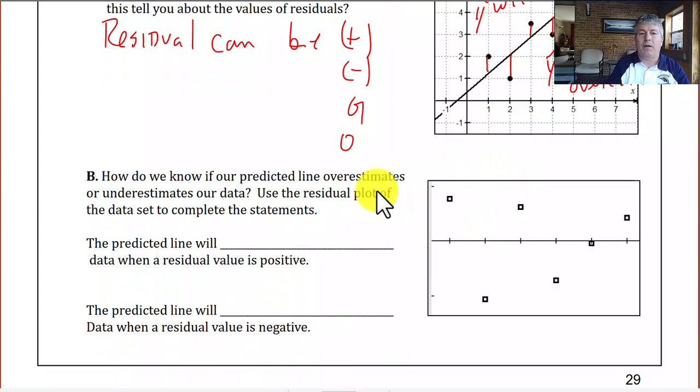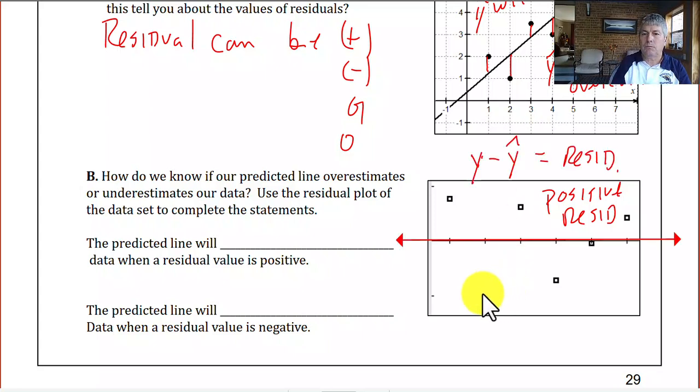How do we know if our predicted line overestimates or underestimates our data? Use the residual plot of the data set to complete the statements. So here we have, these guys are positive residuals. So according to our graph, if our horizontal is our actual residual line here, y minus y hat, those would be data points that are exactly on our trend line.